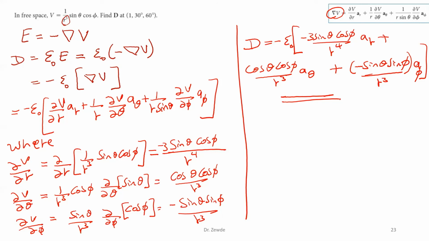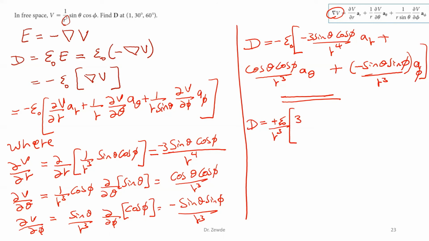You can take out some of the common terms. So this can also be expressed as D equals minus epsilon naught over R cubed times, and you can multiply with the negative.